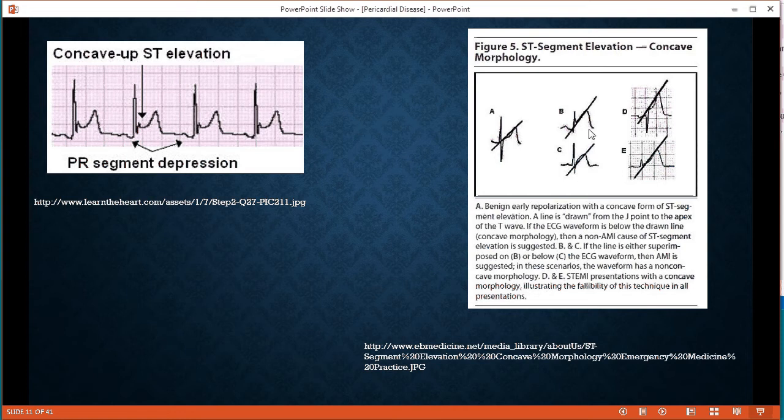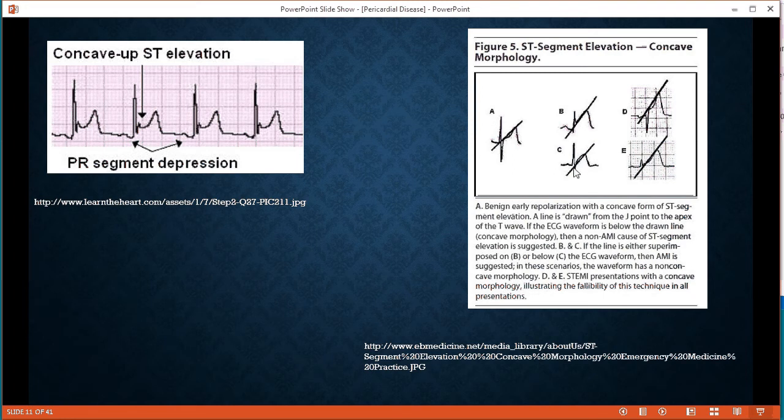When you have somebody who has an acute coronary syndrome, what you're going to see is that there's no concavity like you see here. It's going to take off straight from the S wave into the T wave, or you may have this convex appearance of the ST segment.